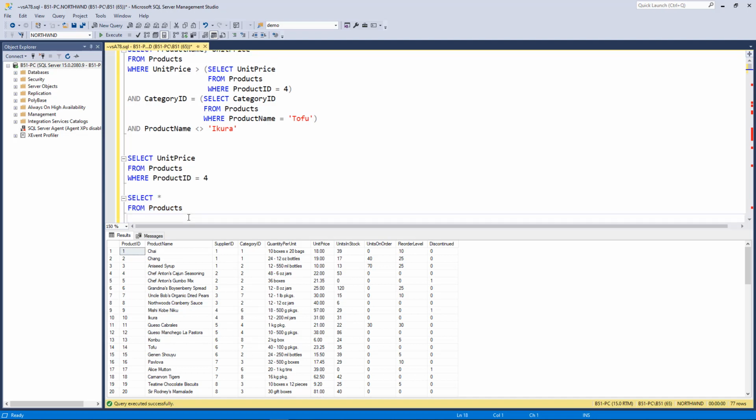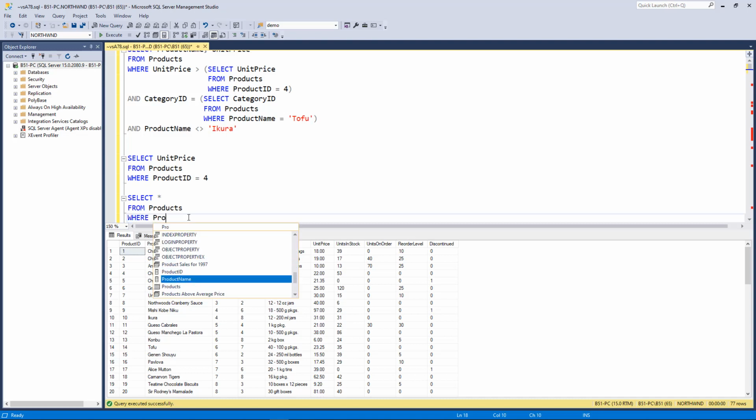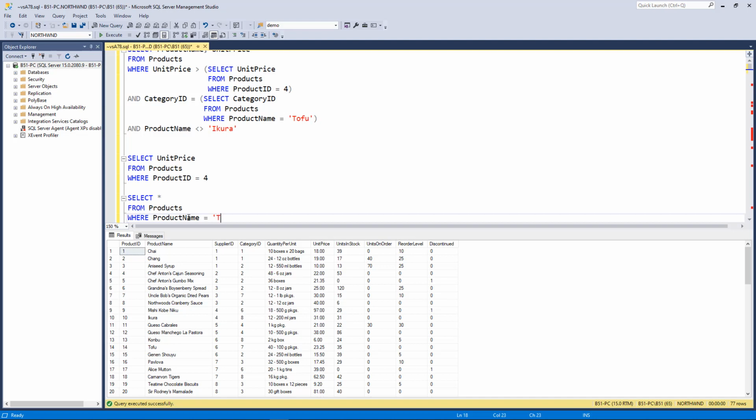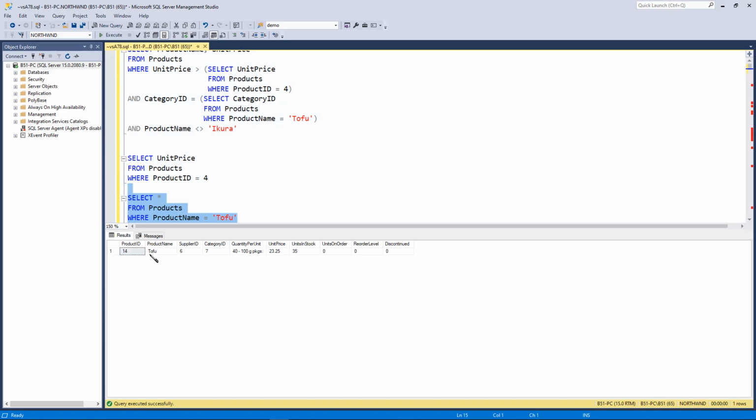The filter will be where the product name is tofu. And we get the category of tofu. The category ID is 7. Till now we have the unit price that is 22 and the category we have that is 7.